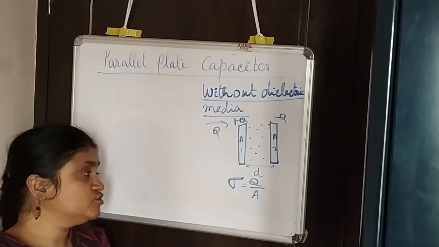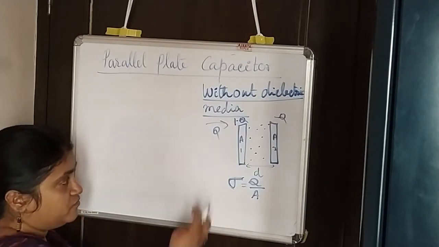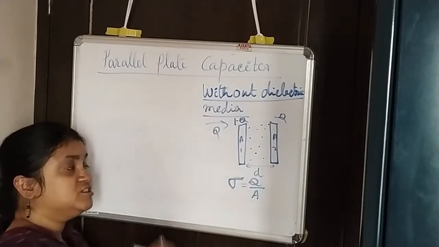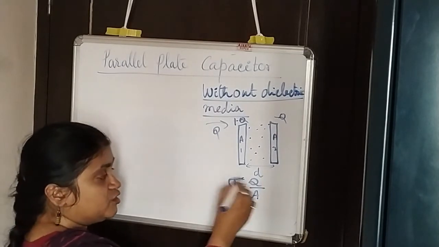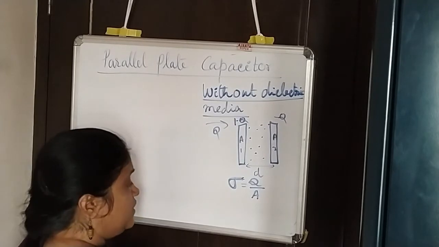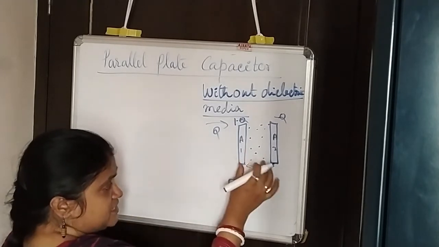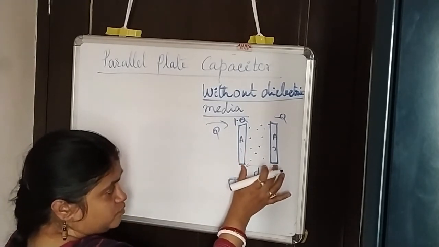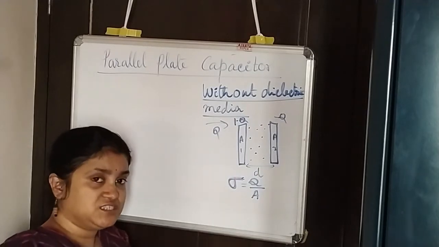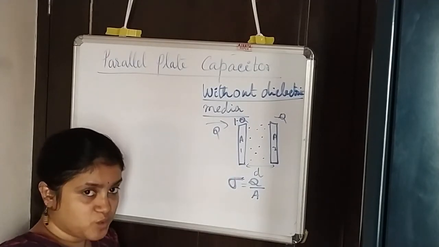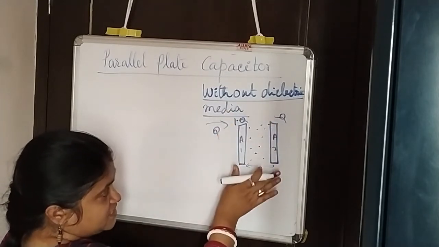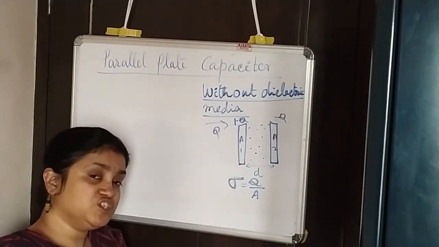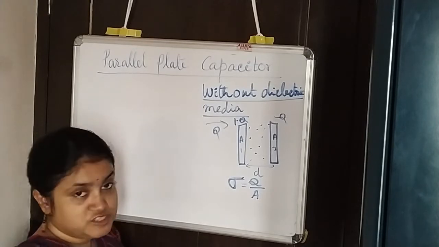Coming to the calculation of the capacitance, we know that sigma is Q by A, and since the distance d between the two plates is very small, we can imagine these plates as infinite sheets holding a charge Q.